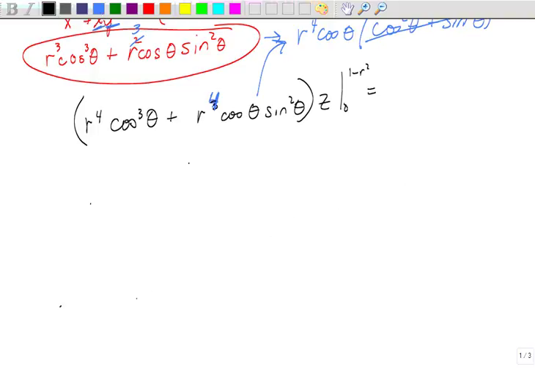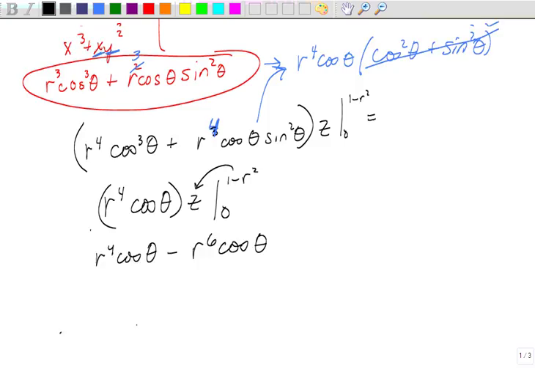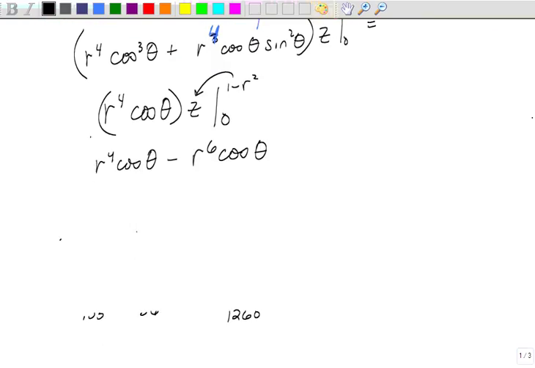All right, so I'm integrating r to the 4th cosine theta z, and that goes there, so it's going to be r to the 4th cosine theta minus r to the 6th cosine theta. Then I'm going to integrate with respect to r, so that's going to be r to the 5th over 5 cosine theta minus r to the 7th over 7 cosine theta, 0 to 1.